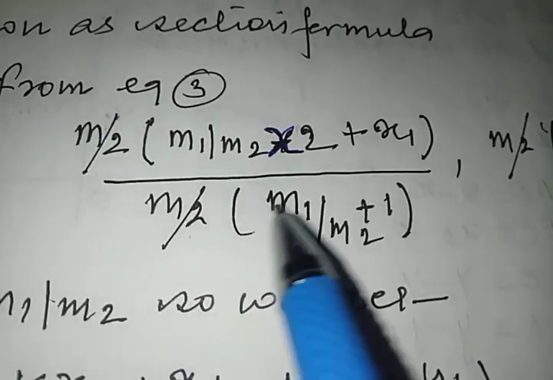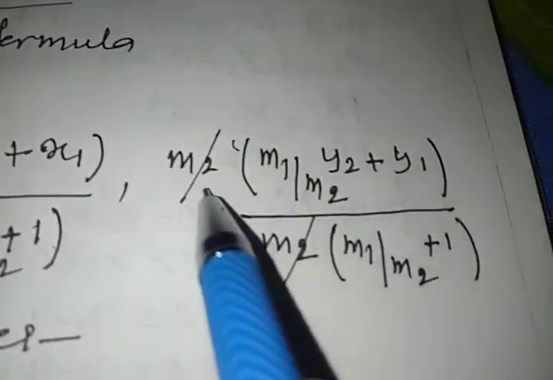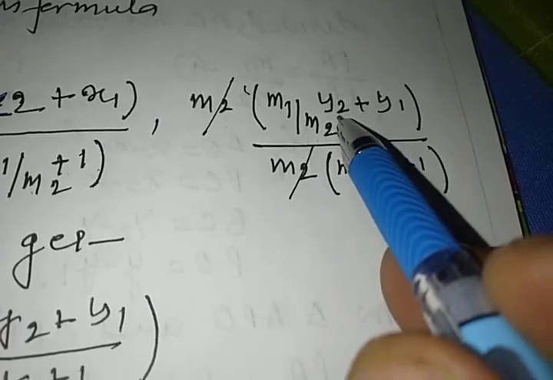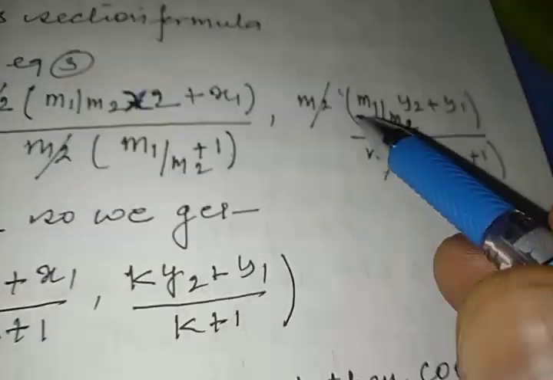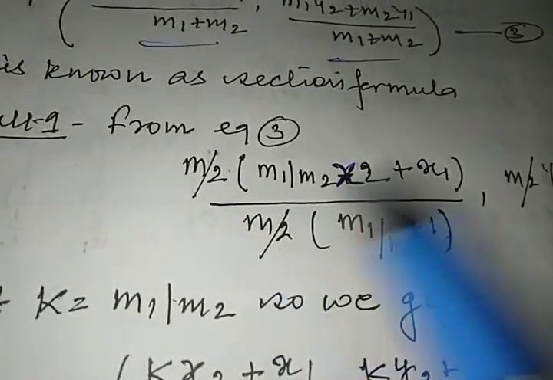And here M2 common, so M1 upon M2 plus 1. Similarly, M2 common here: M1 upon M2 times Y2 plus Y1, upon M1 upon M2 plus 1. So M2 cancels.